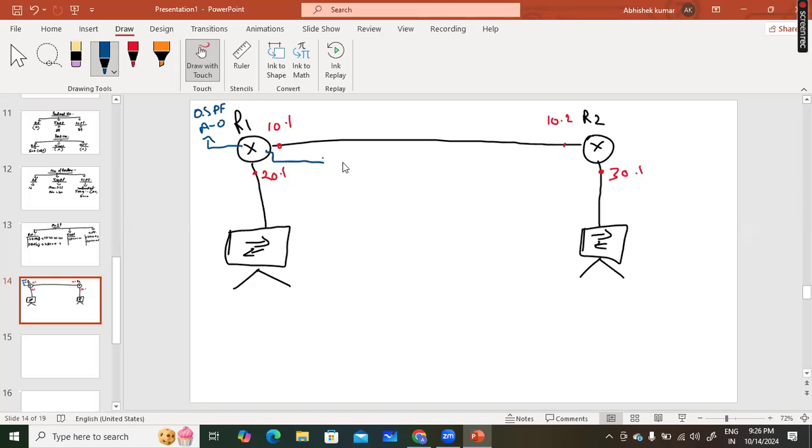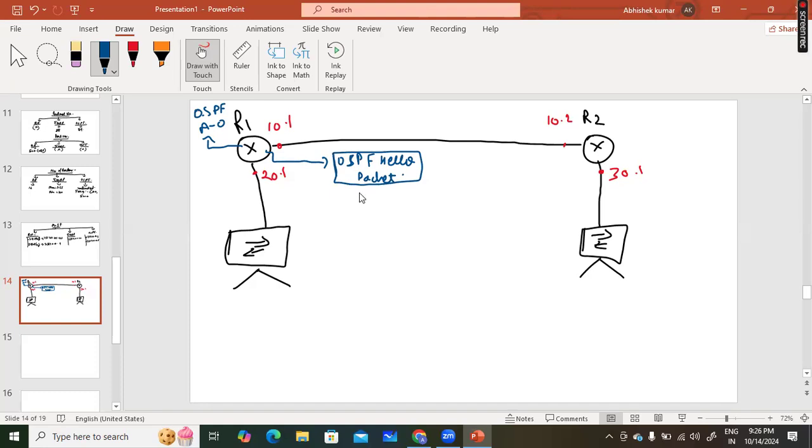It will generate an OSPF hello packet. Because in EIGRP we also have a hello packet. Remember?